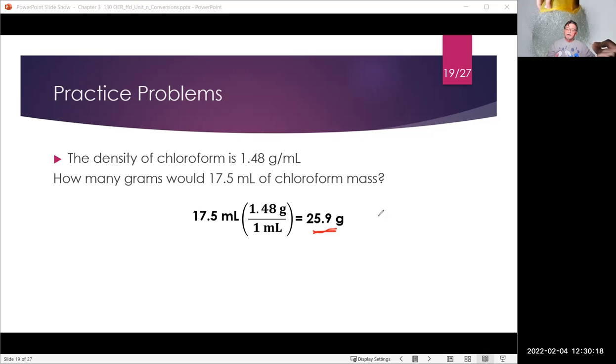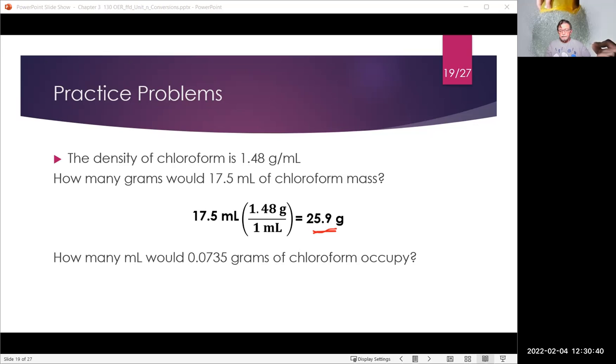What does that tell me? Well, that tells me that the volume of what I weighed out is 17.5 milliliters. I could be in a position where I have to know one or the other. So knowing density, I can calculate that.